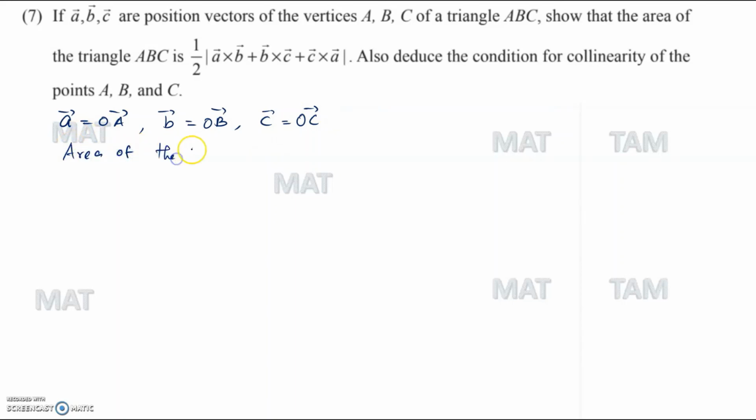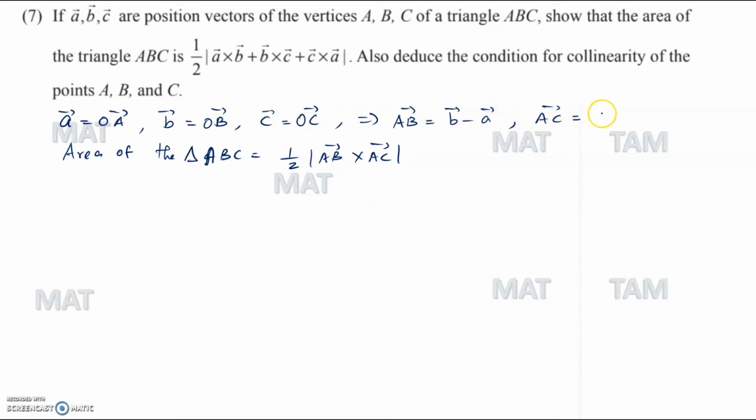Now the area of the triangle ABC is equal to half of the magnitude of AB cross AC vector. So further we can deduce from this, our AB vector is equal to B vector minus A vector, and our AC vector is equal to C vector minus A vector.